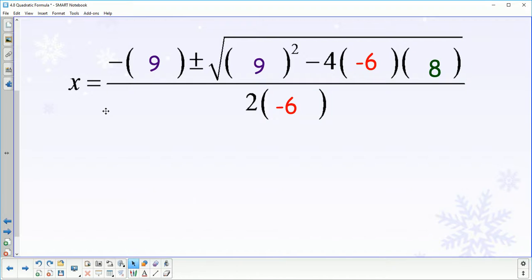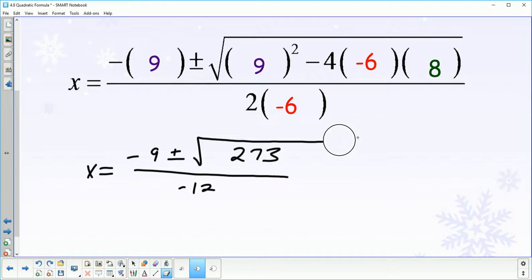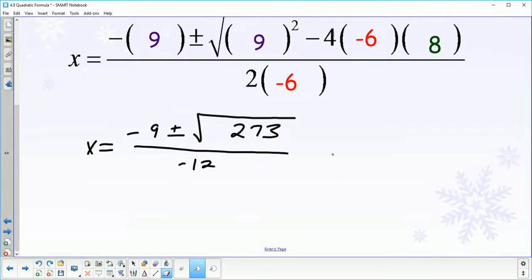Now we want to simplify the denominator and under that square root. If I did under that square root, I could plug that whole thing into my calculator at once. And if I did that, I'd end up with 273. Now make sure that you are careful with your signs. In my denominator, I should get negative 12, because 2 times negative 6 is negative 12.